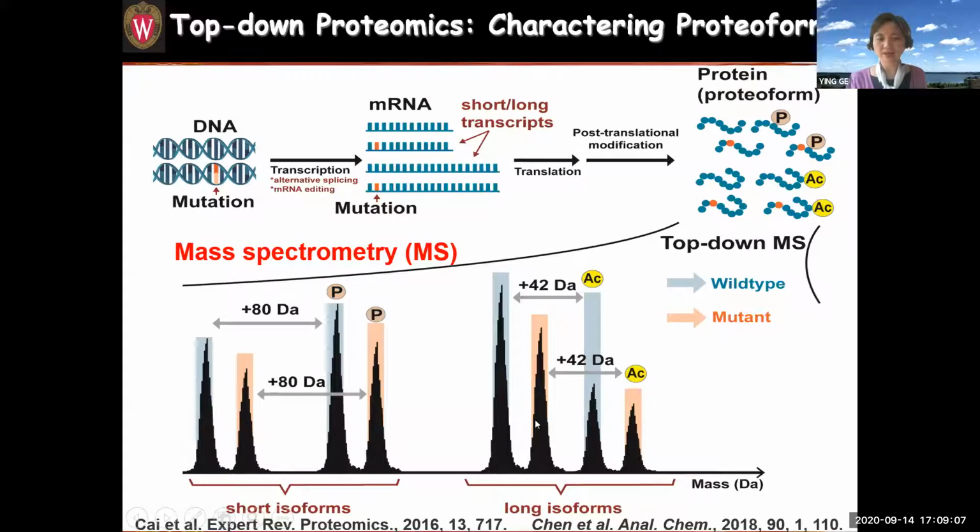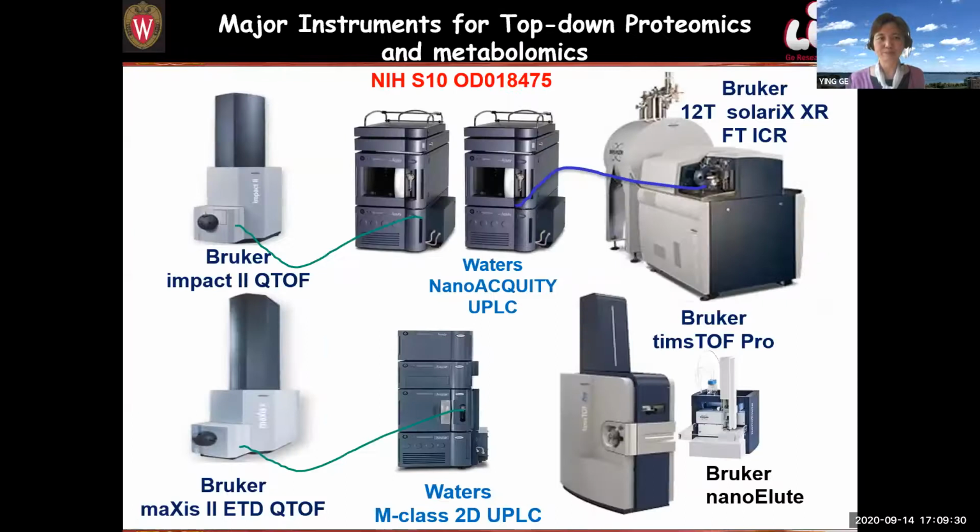So what can this be used for to solve biological questions? Typically, for inherited diseases there are certain mutations, but how the mutation causes disease is not known. In top-down, we can see how those mutations cause post-translational modification changes, and possibly in fact affect protein-protein interactions.